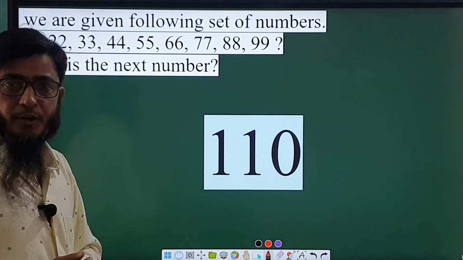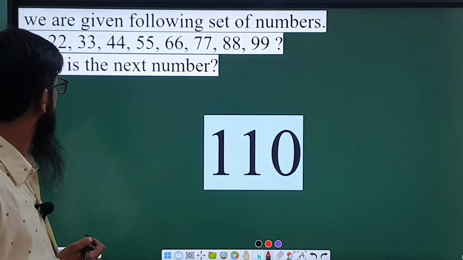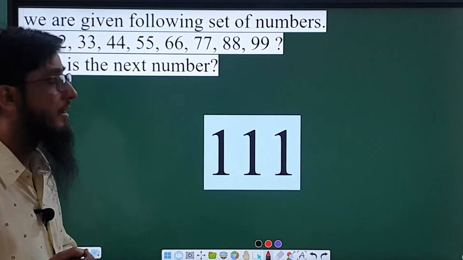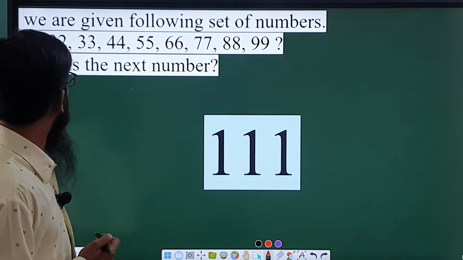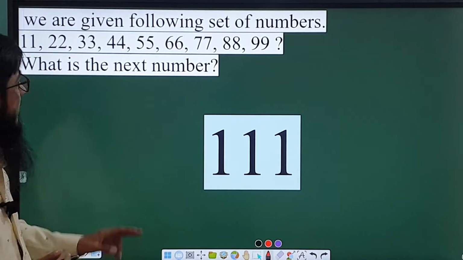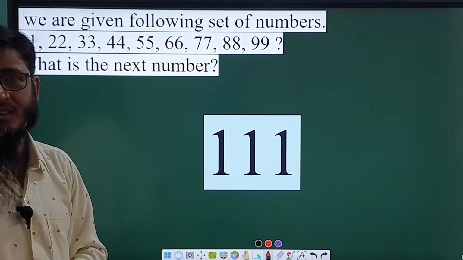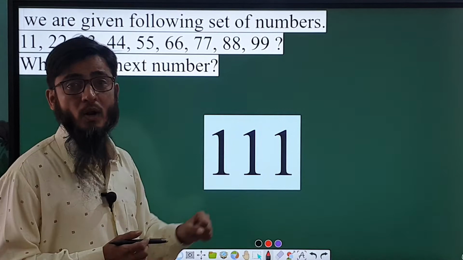You can pause this video and think about a different answer, and the next answer is 111. Why? All these numbers have repeated digits, and if I take this in increasing order, the next number which has all the digits repeated is 111.